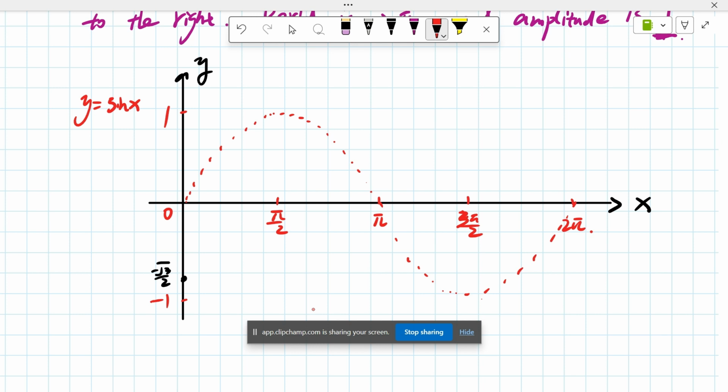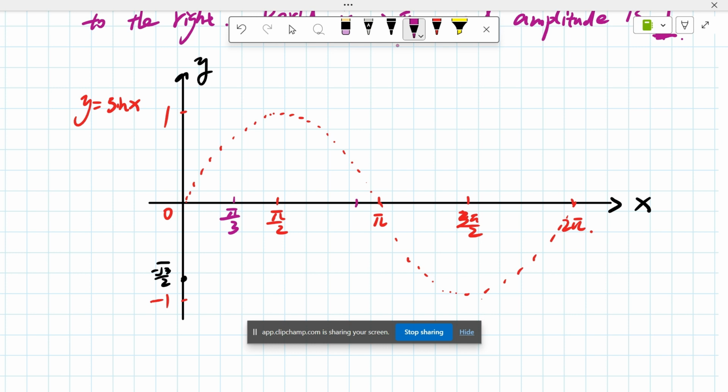But now, because you shift the whole thing to the right-hand side by how many units? By pi on 3 units. So your graph becomes, you start from pi on 3, that is your starting point. And because you shift, pi on 2 plus pi on 3 is 5 pi on 6.